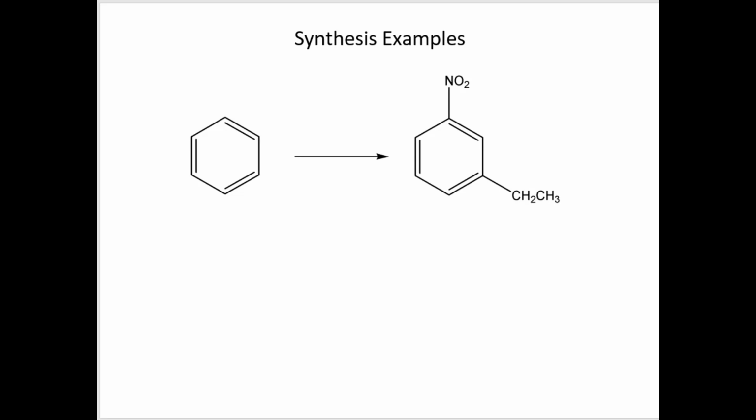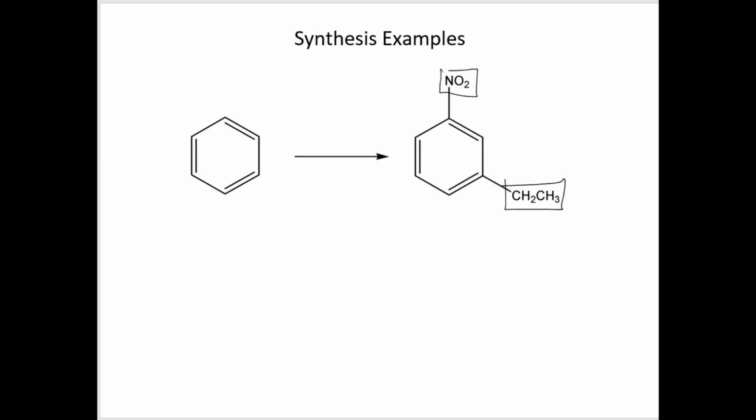And there's a couple of aspects to this that we need to know about. First of all, if I'm going to make this, and this is going to be an ethyl nitrobenzene, and it's meta-disubstituted, the first thing I need to know is what reagents do I use to add the nitro group? What reagents do I use to add the ethyl group?